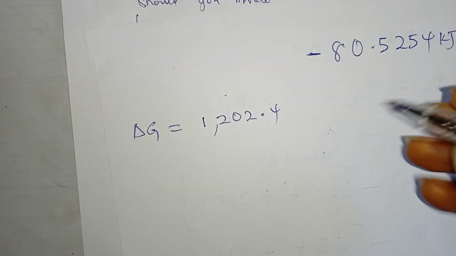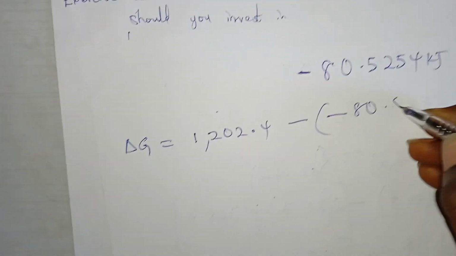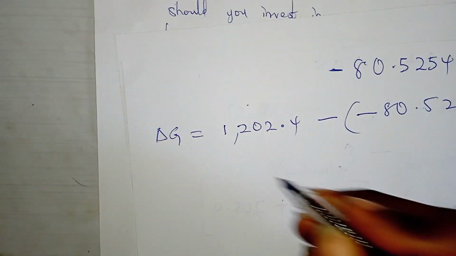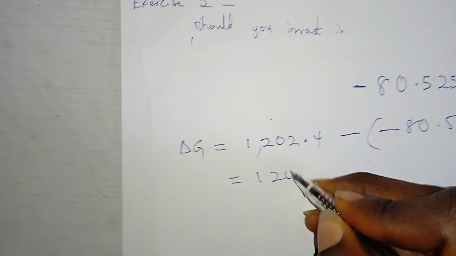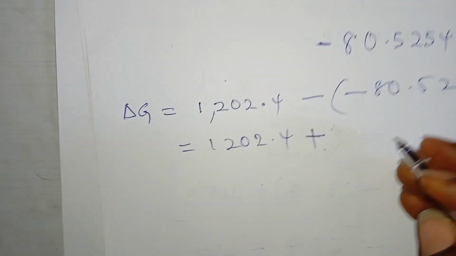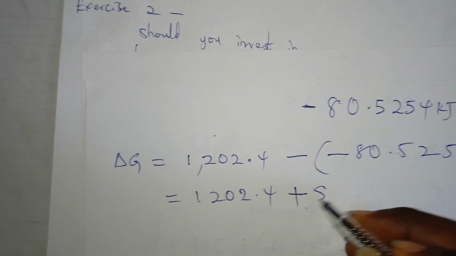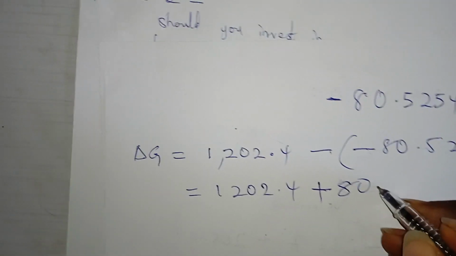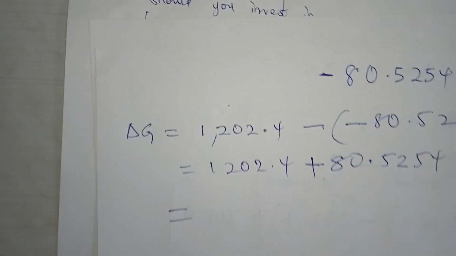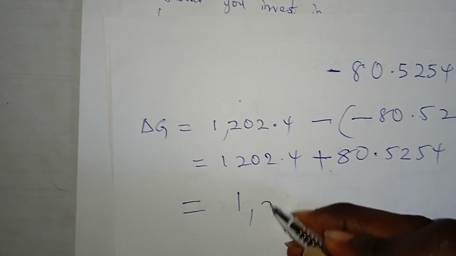So our enthalpy value is 1202.4, then minus 80.5254. When you add up, notice that I'm still carrying my decimal points. The reason is that the more decimal points you have, the more accurate your answer will be. Minus minus will change to plus. I normally tell my students, do not approximate until you get your final answer.